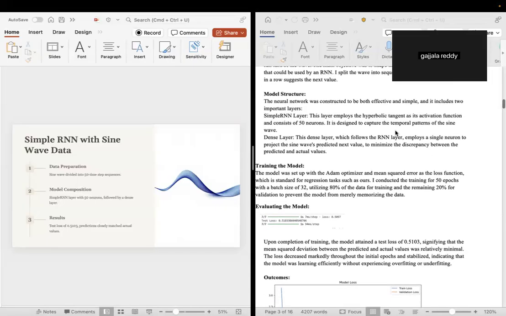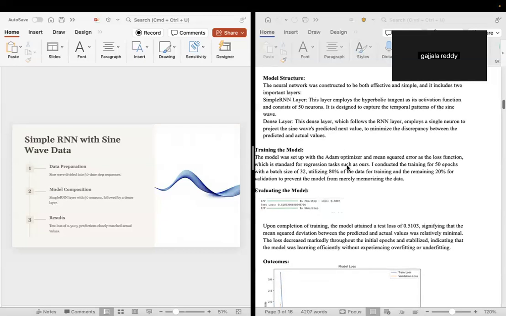It is designed to capture the temporal pattern of the sine wave. Coming to the dense layer, which follows the RNN layer, it employs a single neuron to project the next value of the sine wave, to minimize the discrepancy between the predicted and actual value.